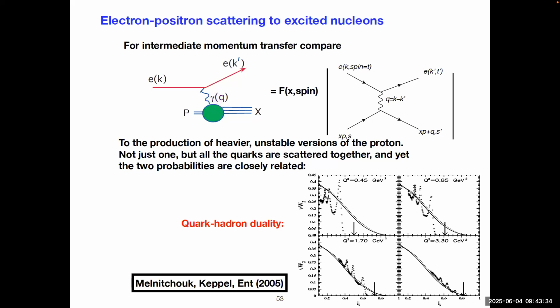And then what we find is that the observed cross sections actually are very closely related to, how should I say, an extrapolation of the perturbative structure functions.